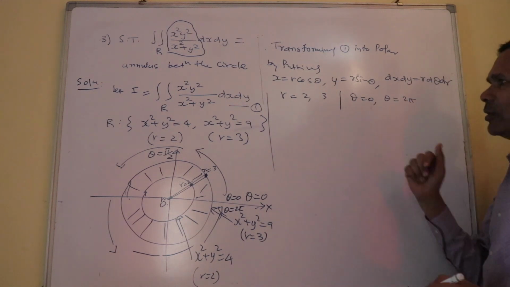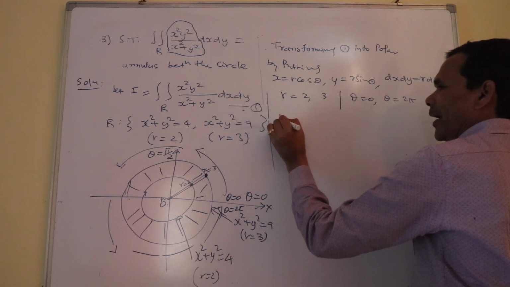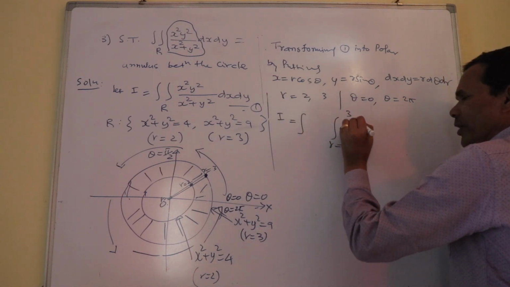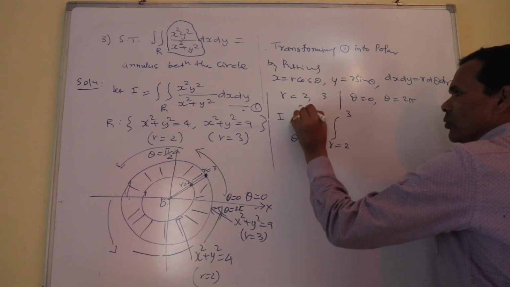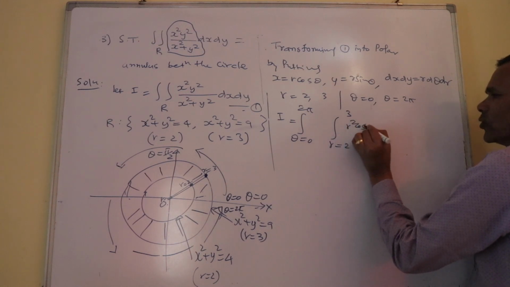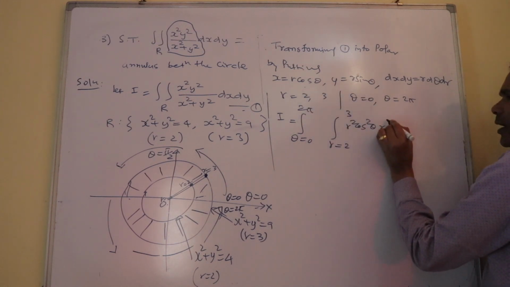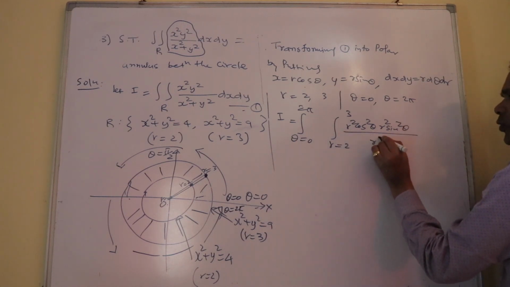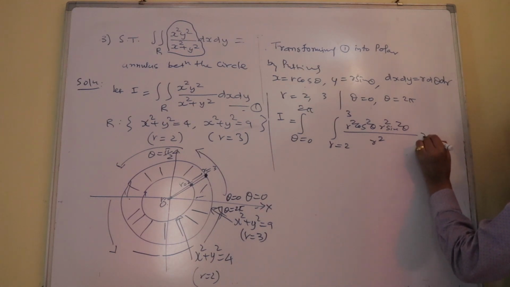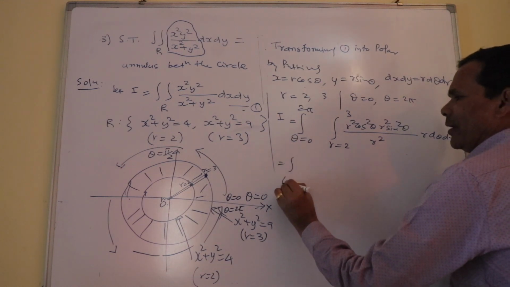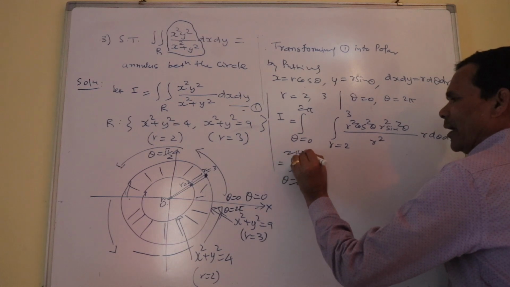So I just got this then. From 1, I is equal to the integral. I just put the limits there. r is equal to 2 to 3, then theta is equal to 0 to 2 times pi. x square means r square cos square theta, y square is r square sin square theta, divided by x square plus y square, which is r square. dx dy is r d theta dr. So we simplify this and put it in variable separable form in terms of theta and r.